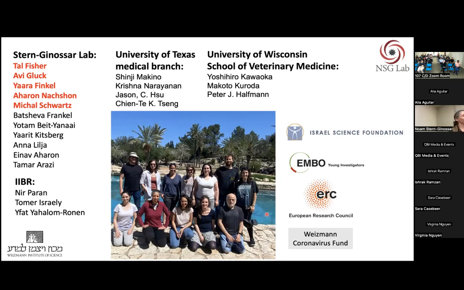So actually, when you look at the literature, when people actually look at this, it seems like this is the major reason. In HSV, there is literature that actually shows that if you infect interferon alpha receptor knockout mice, you can rescue the effect of the shutoff factor. There are other anecdotal examples in the literature. So I think it's mainly blocking innate immunity, or at least this is the more critical step.